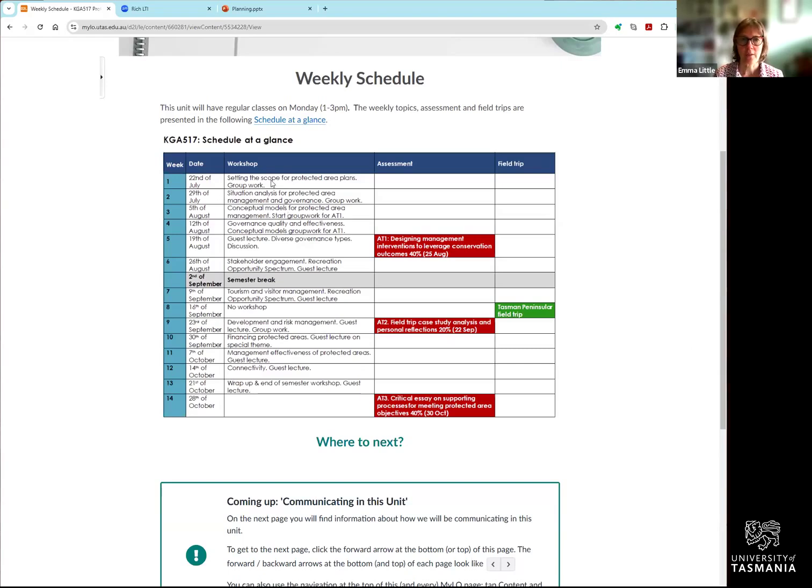This unit covers topics like protected area plans, conceptual models for protected area management, governance in protected areas, learning about particular tools within protected area planning, like the recreation opportunity spectrum, tourism and visitor management, looking at risk assessment with respect to planning in protected areas.